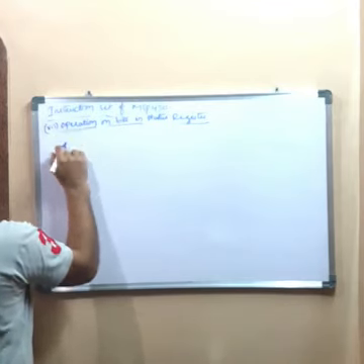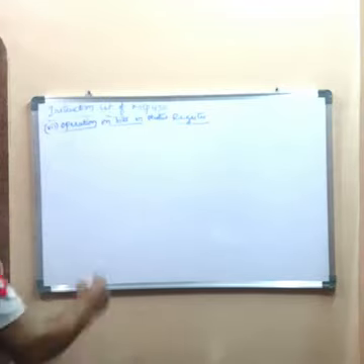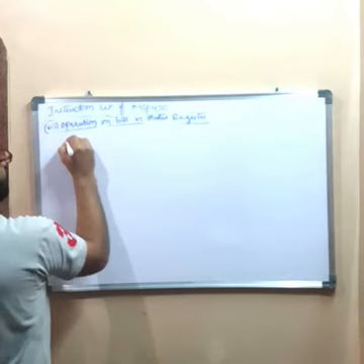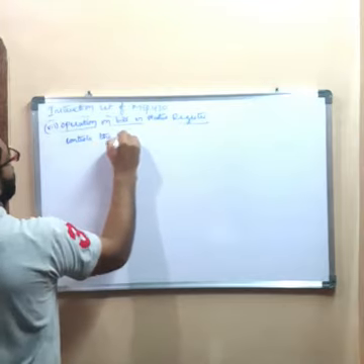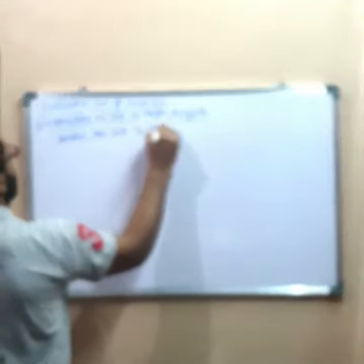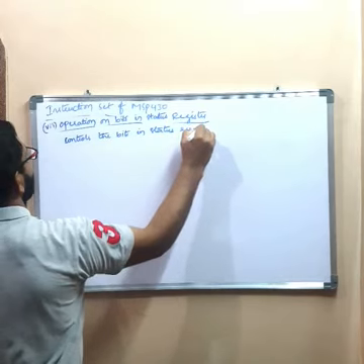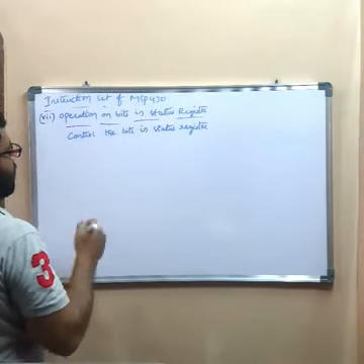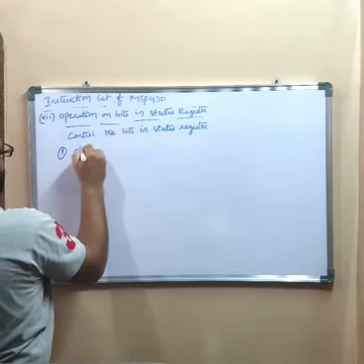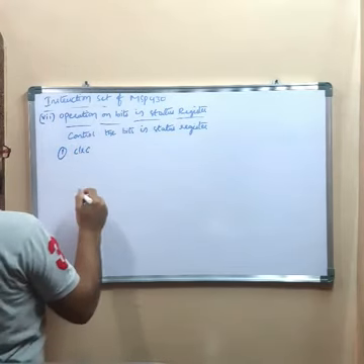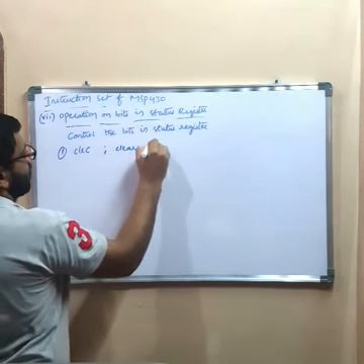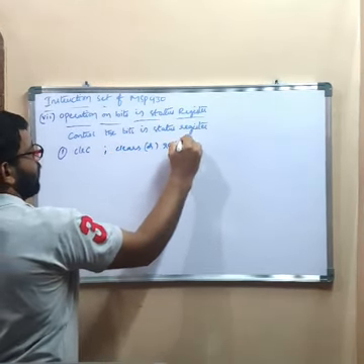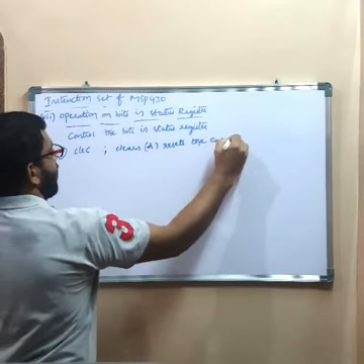First one is, operation: controls the bits in status register. One is clear carry flag bit, CLRC. It clears or resets the carry flag.